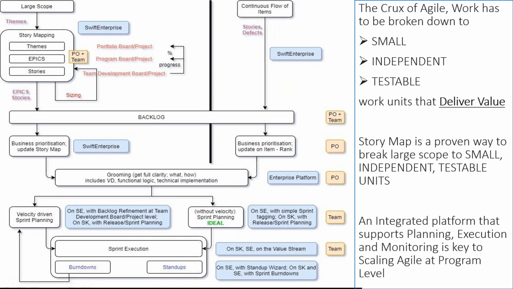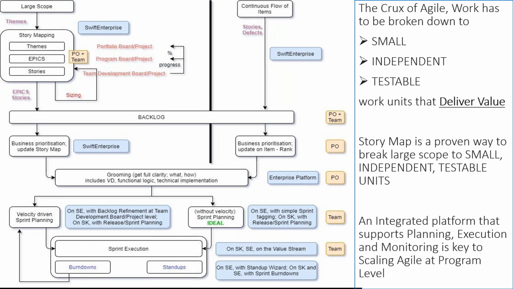There are multiple methods of prioritization that are available, but in the interest of time, we would just like to show you a very simple approach with which you will be able to prioritize your work. And once the work has been prioritized, we would like to show you how it can be easily executed on a very simple interface, and then based on the execution, how various metrics can be generated at a team level, and how the progress can be shown at a program level.